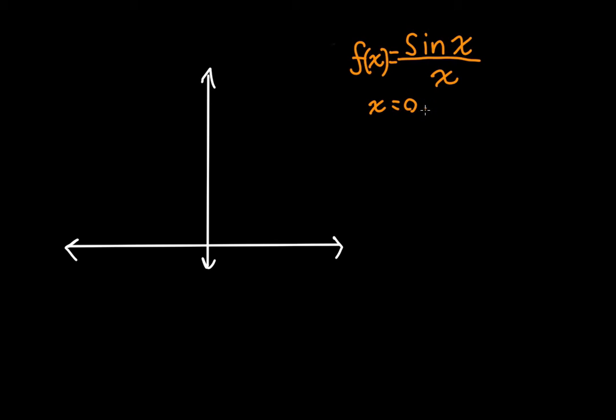That means we have f of 0 is equal to the sine of 0 divided by 0. First of all, we're dividing by 0. Second of all, sine of 0 is equal to 0 itself.